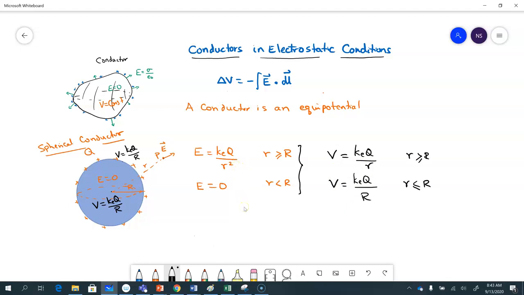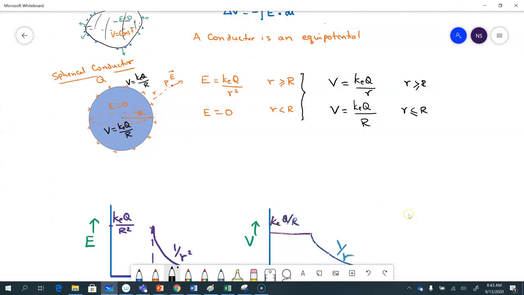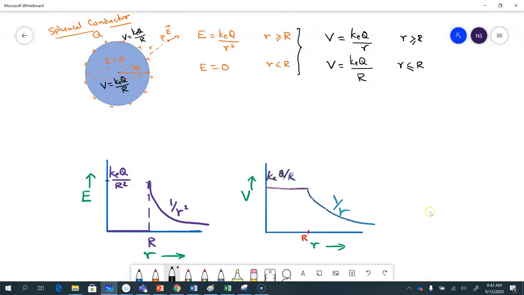This is something that was very familiar to us with a spherical shell, even a non-conducting one. But here, this is a spherical conductor, and these are the forms of electric field and the potential that we have. So I grabbed the graph from the spherical shell.